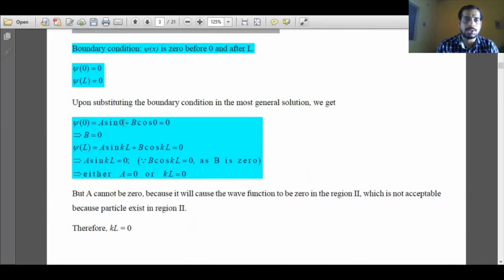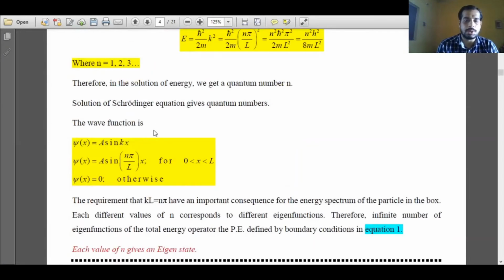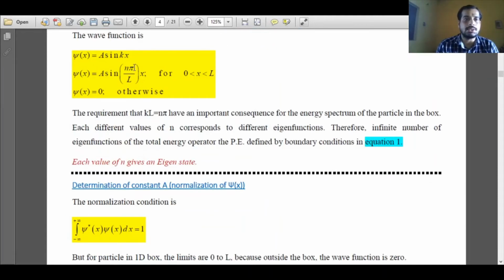Our wave function is what? A sin kx plus b cos kx, but b is 0. After applying the first boundary condition, we have obtained b is equal to 0. So the wave function becomes only a sin kx. Now what is k? k is equal to n pi over L. So the wave function is a sin n pi over L x.